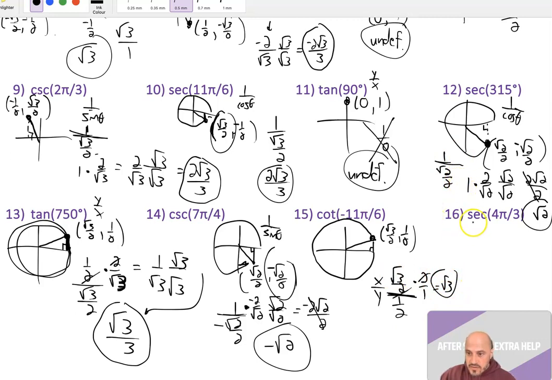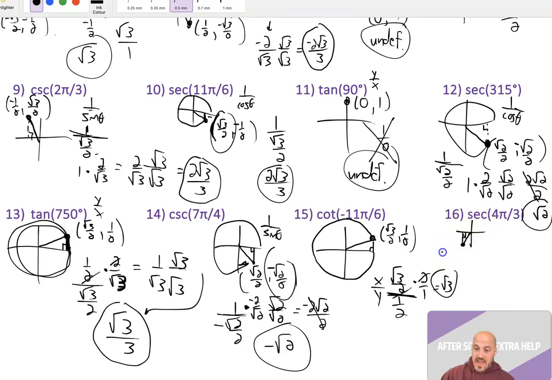And my last one, last but not least, secant of 4 pi over 3. Let's go a little more to 4 pi over 3. So I'm over here. And my x value is the short side at 4 pi over 3.